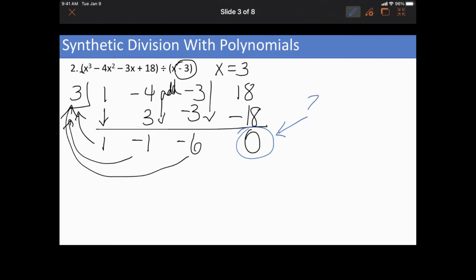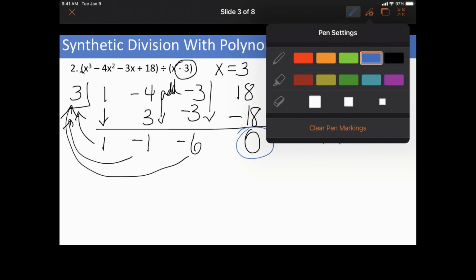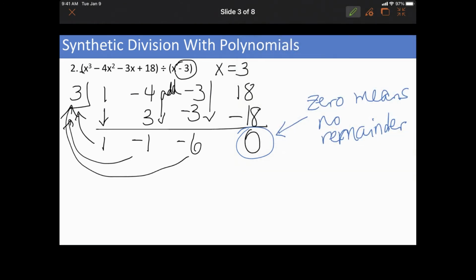So this tells me no remainder. 0 means no remainder, and that's what we're looking for. We're going to find the zeros, the x-intercepts, pretty soon, and that's what we want, that 0 at the end. So this is x to the third, so I'm going to start at x to the second.